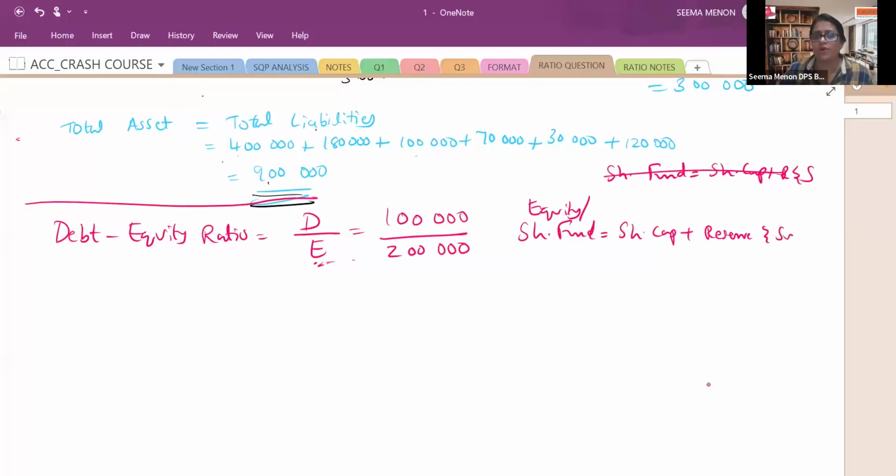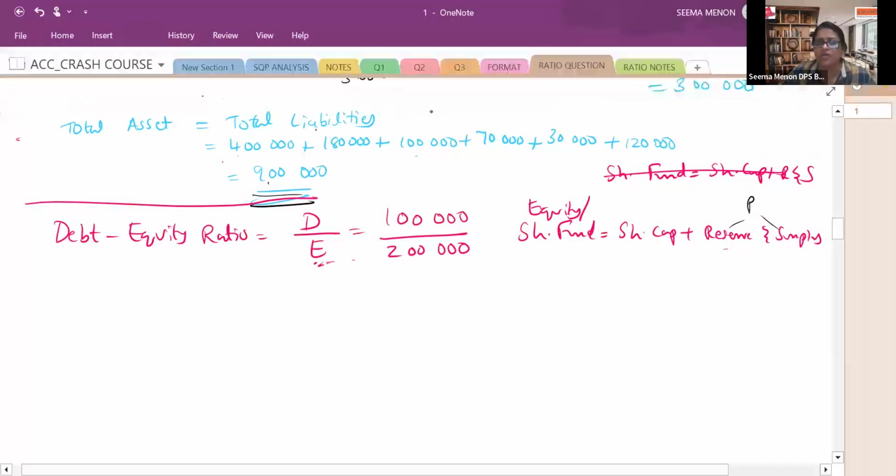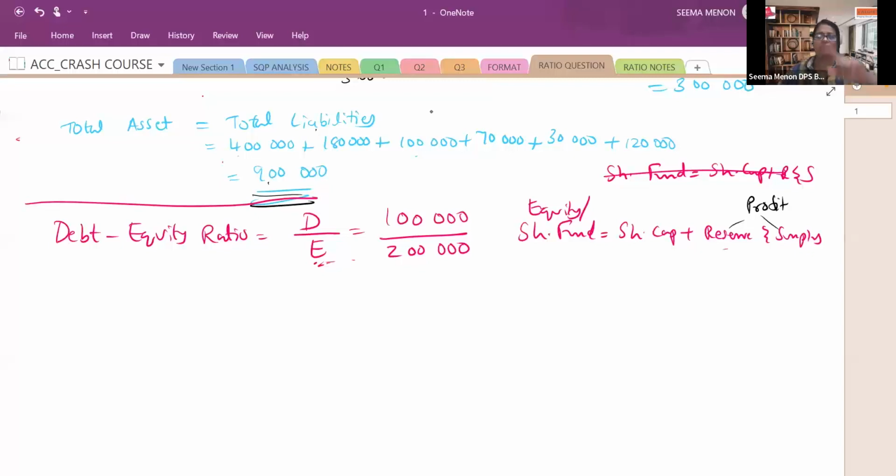Now children, please focus here. Reserves and surplus. Our profit will always be showing under reserves and surplus. From the profit, we will be giving dividend. Now what we are doing? We are giving dividend, but equal to that amount we are converting it into bonus shares.